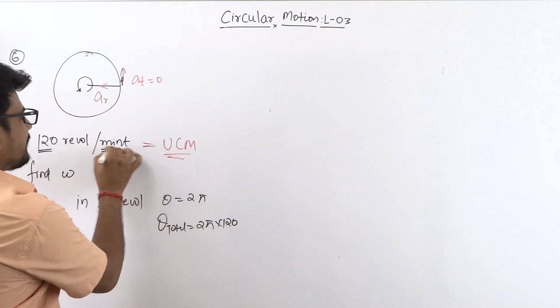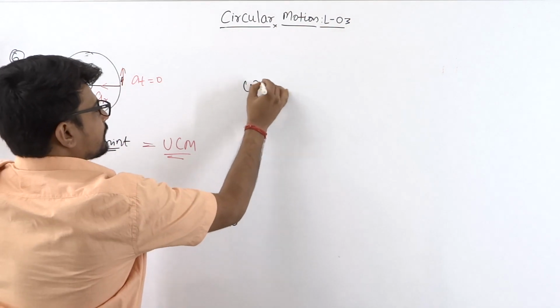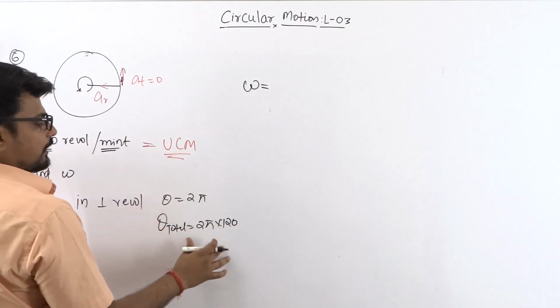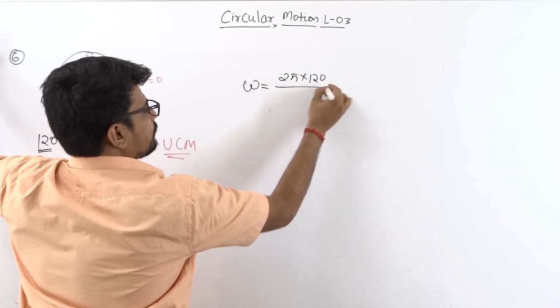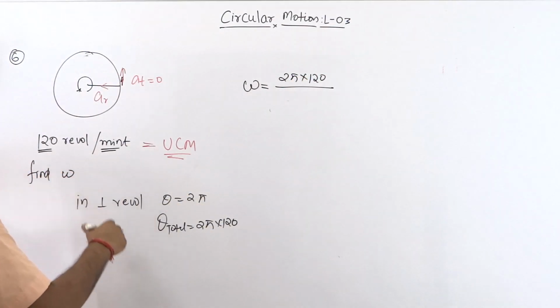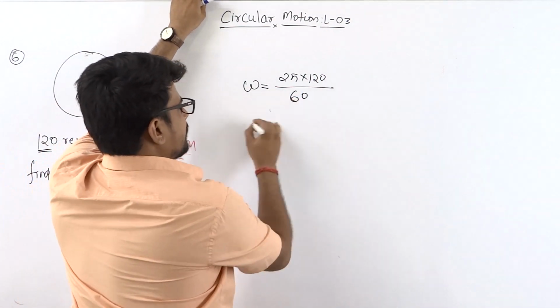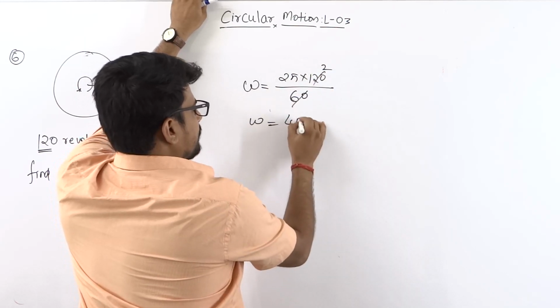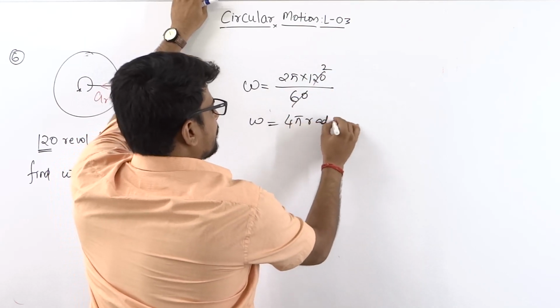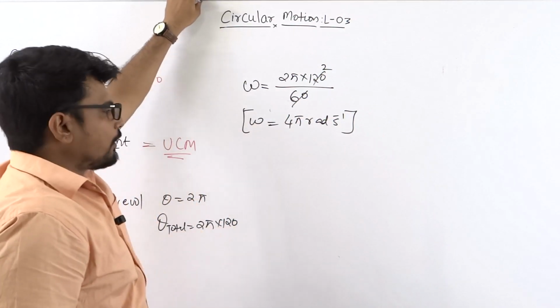In 1 minute. So omega should be how much? That is going to be the total displacement, 2 pi times 120, over the time taken, which is 1 minute, which we can convert into seconds, that is 60. So omega should be 4 pi radian per second. Nothing difficult.